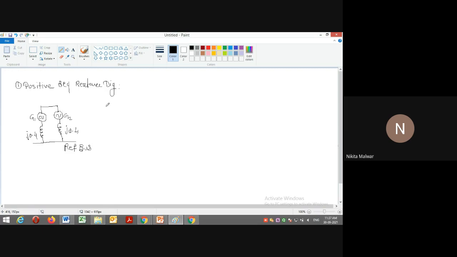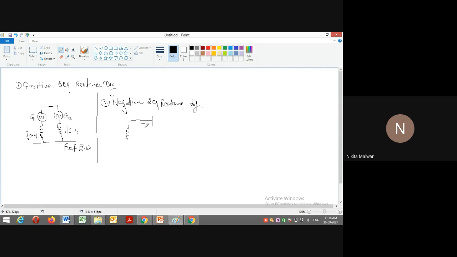Now you may find by using this positive sequence reactance. The next one is the negative sequence reactance diagram. To draw this negative sequence reactance diagram, you have to neglect the voltage source. That means you have to consider only the impedances which are connected to generator 1 and generator 2.